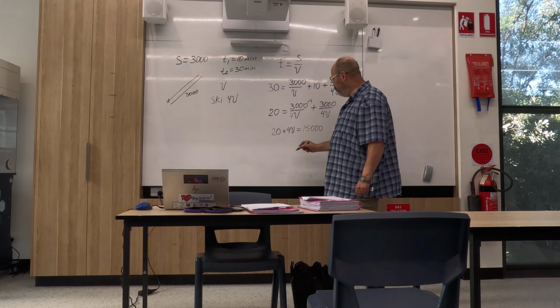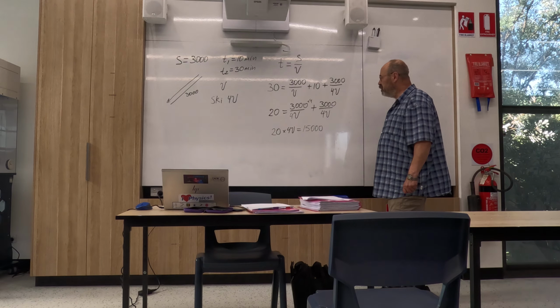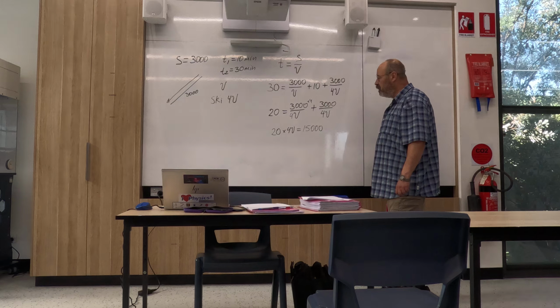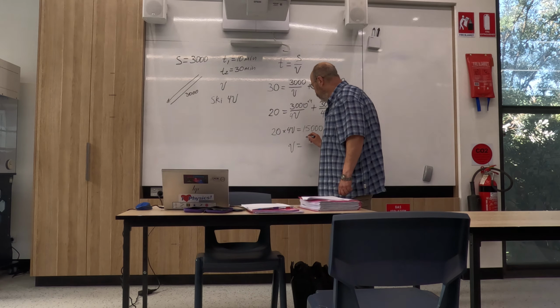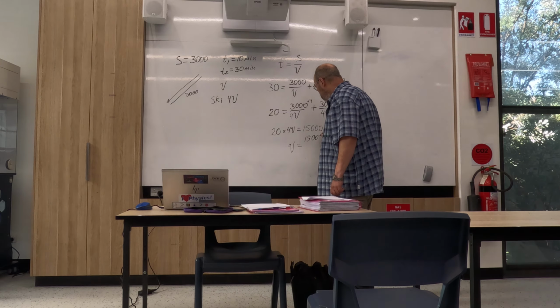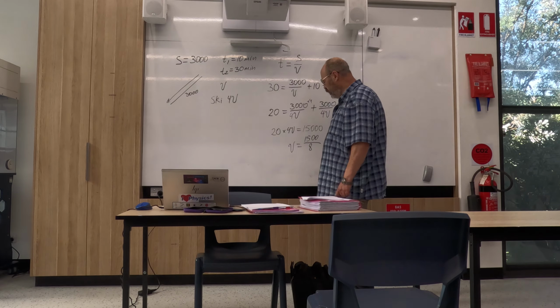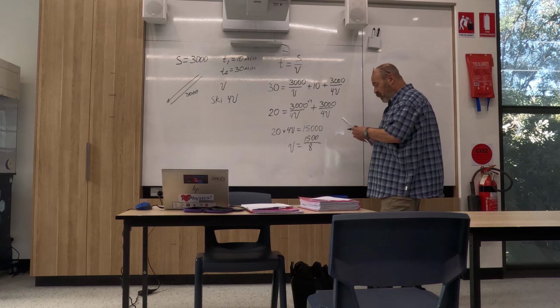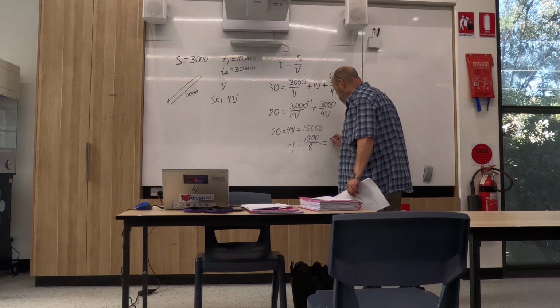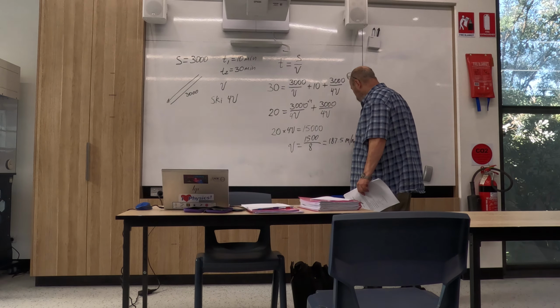And we can simplify, 12,000 plus 3,000, and then v will be equal to 15,000 divided by 80, we can cancel 0, and that will be equal to 187.5 meters per minute.